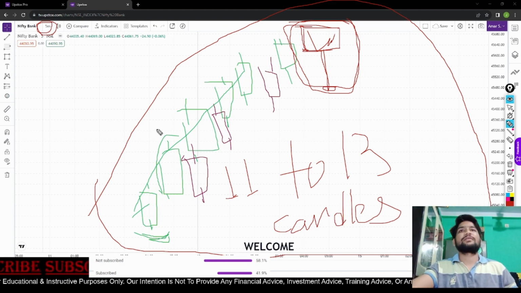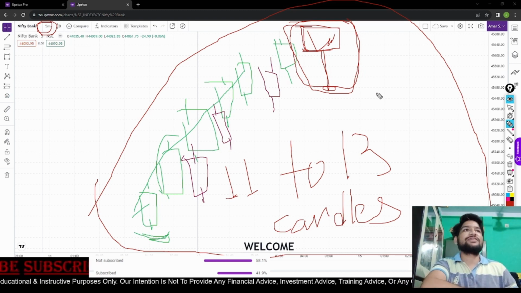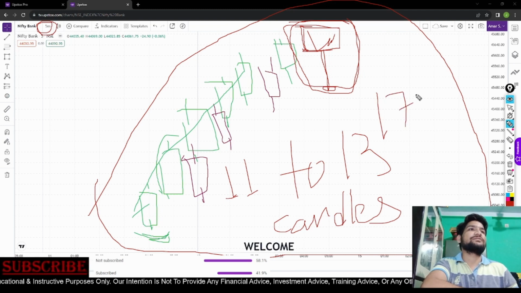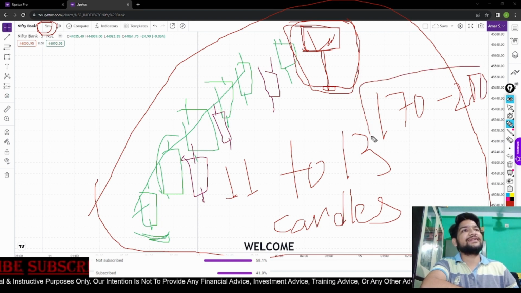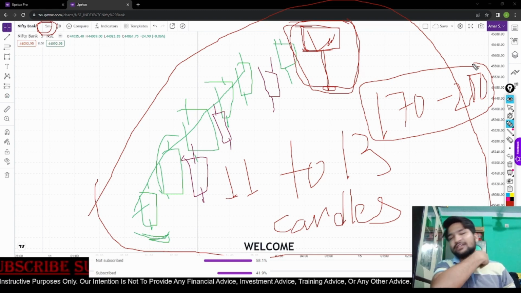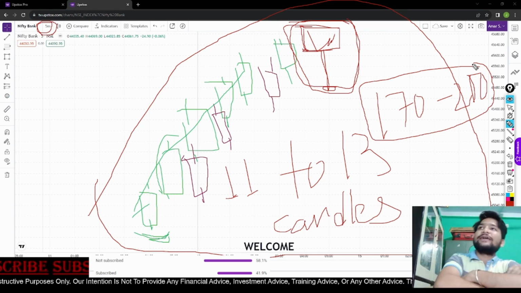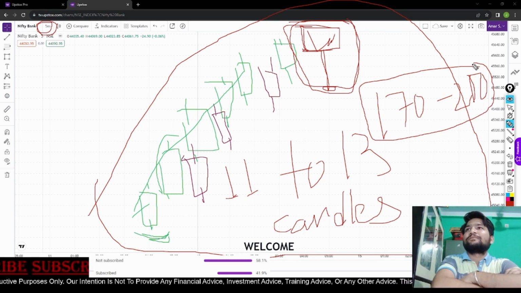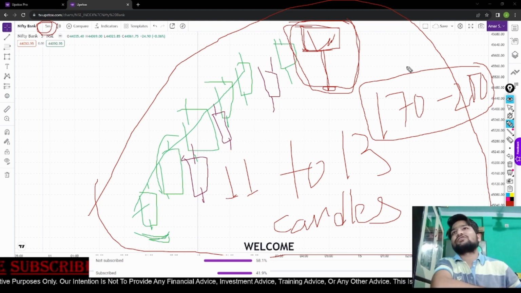So what do I mean by 170 to 200 points movement, right? If you have ever traded anything like Bank Nifty or Fin Nifty or Nifty, then you might know something.